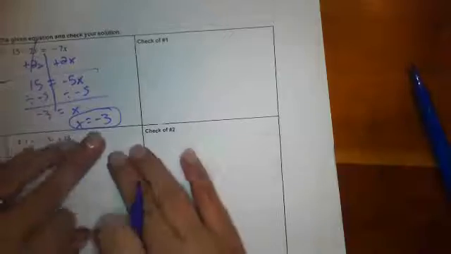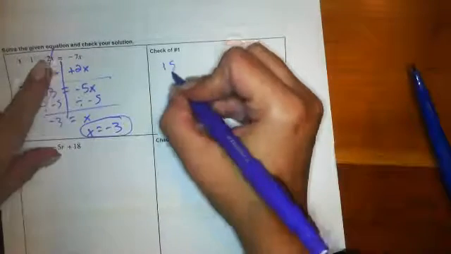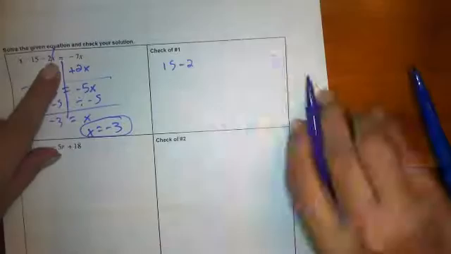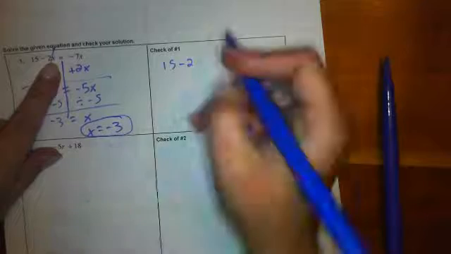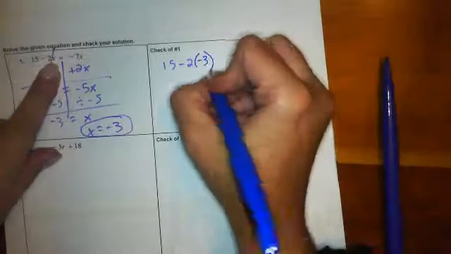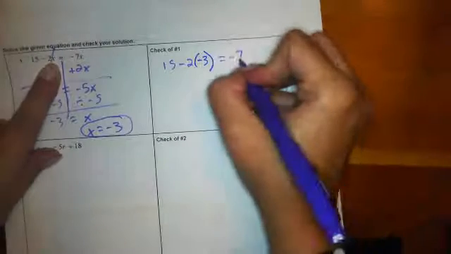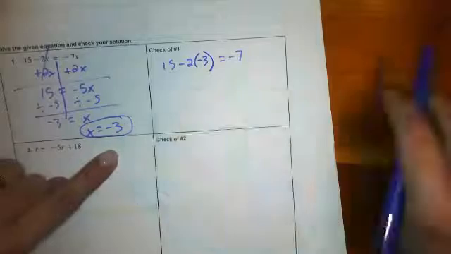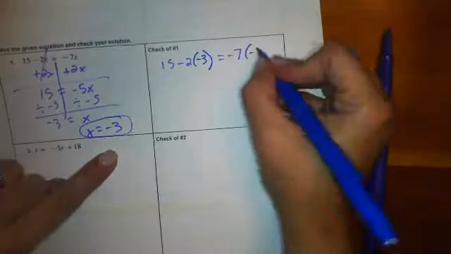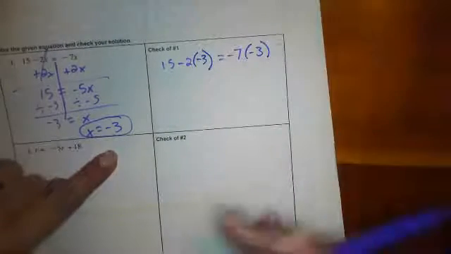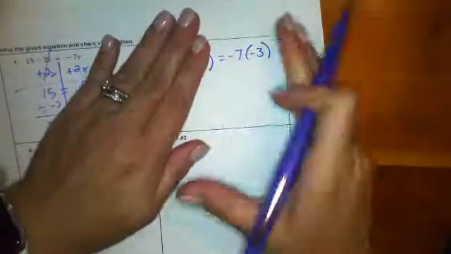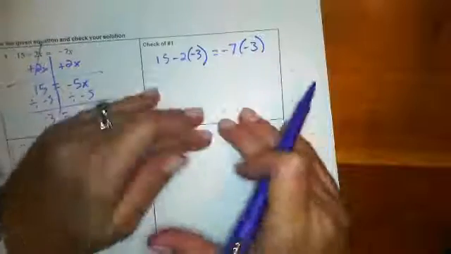And if we are going to check, remember we just take our solution and plug it in anytime we see x. So I'm going to start with 15 minus 2. Oh, I came across an x, so let's fill that in. We said it was negative 3, equals negative 7 times x. Again, x is negative 3. I simplify the left, I simplify the right, and I look to see if they're equal.